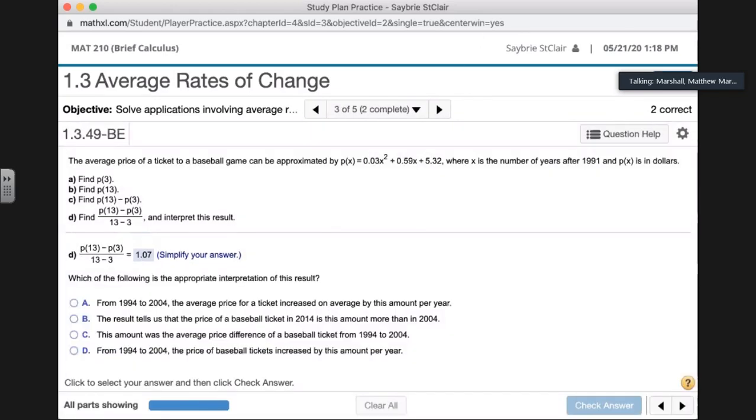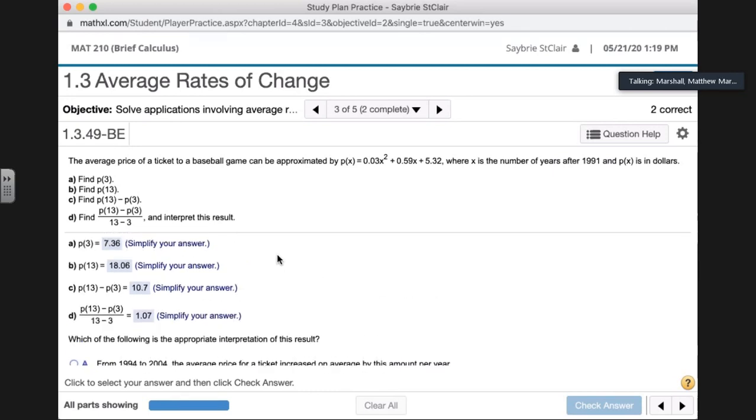Which of the following is the appropriate interpretation of this result? So this equation gives you the average price of a ticket, where x is the number of years after 1991. So it looks like the jump from, what are those choices again?